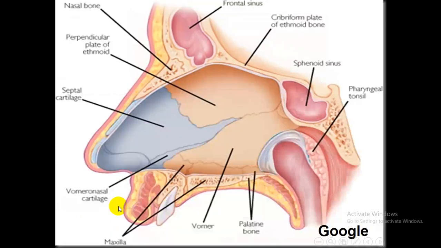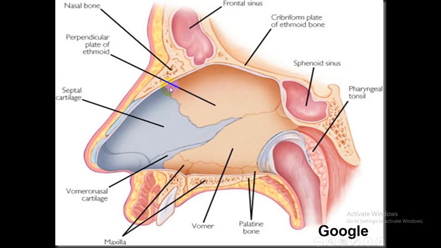Now the nasal septum, the medial wall, is an osteocartilaginous portion. Osteocartilaginous, so it is formed of bone and cartilage covered by mucous membrane. The upper part is formed by the perpendicular plate of ethmoid. As we know, the ethmoid bone contains the cribriform plate and the perpendicular plate.